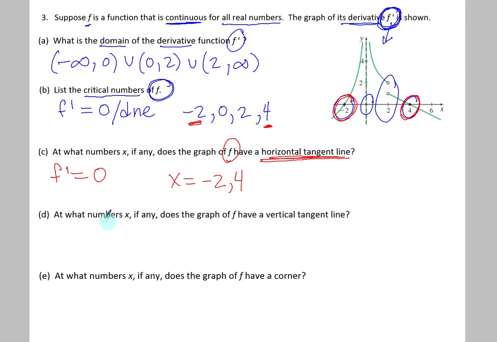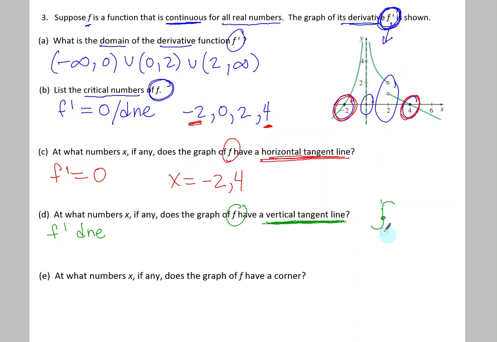D. At what numbers x, if any, does the graph of f have a vertical tangent line? So a vertical tangent line is a line with an undefined slope. So we would say f prime does not exist. But we have to be a little bit more specific. When there is a vertical tangent line, if the function were drawn, the slopes begin to get steeper and steeper, increasing without bound.